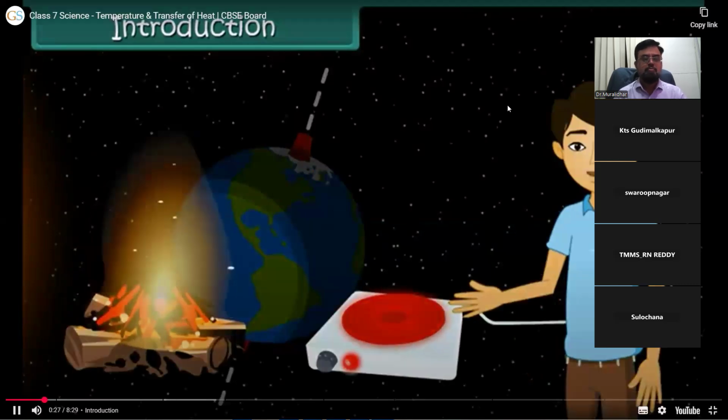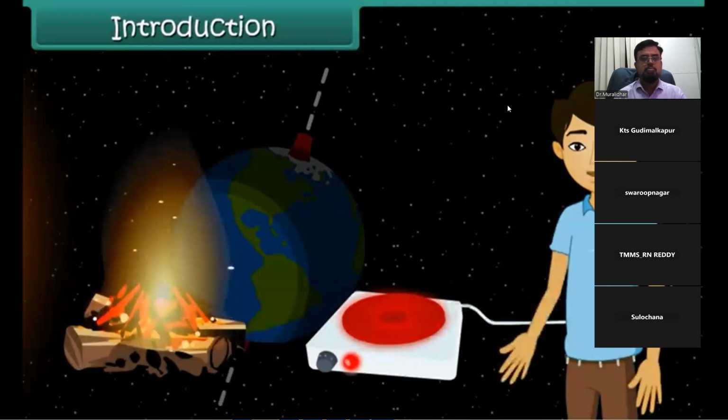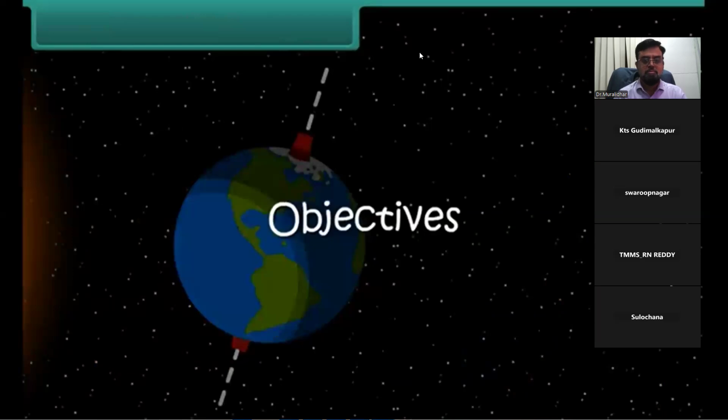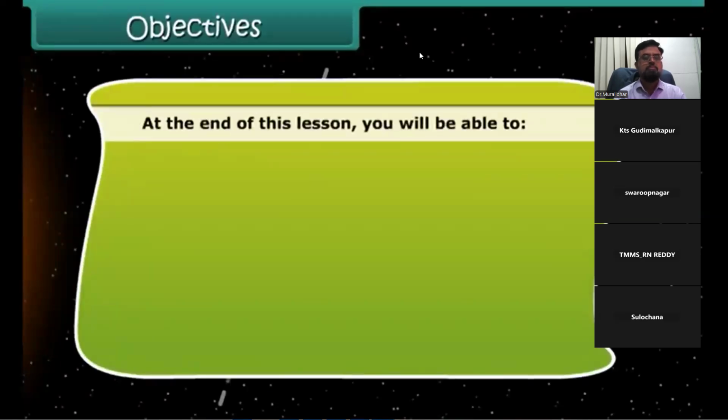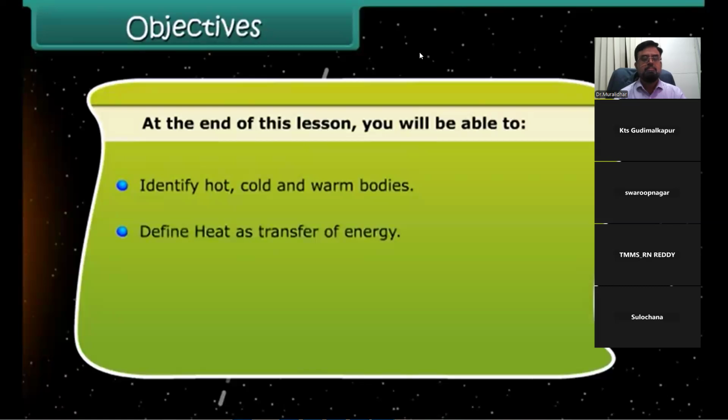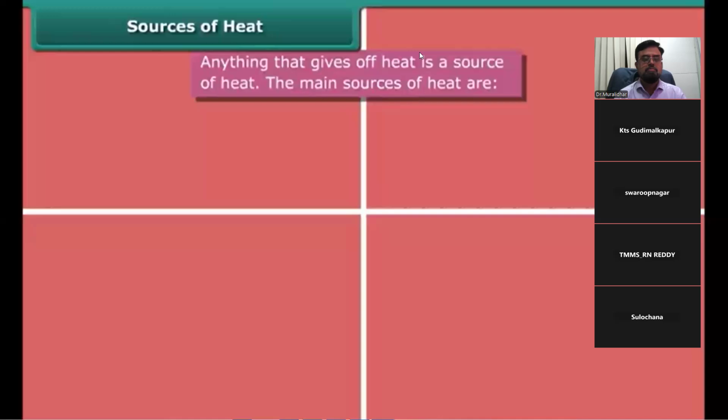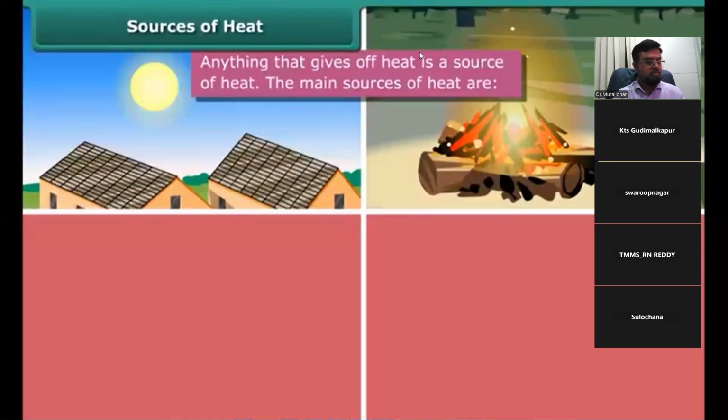In this lesson, we will study about heat and its measurements. Objectives. At the end of this lesson, you'll be able to identify hot, cold, and warm bodies, define heat as transfer of energy, differentiate between heat and temperature, explain clinical and laboratory thermometer, This is our next part.